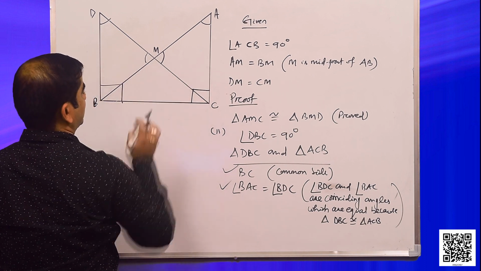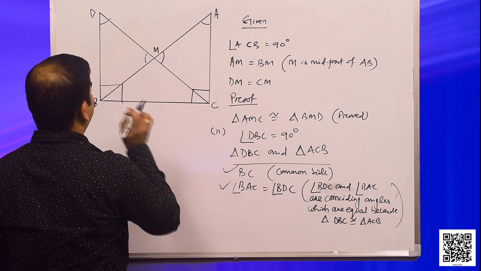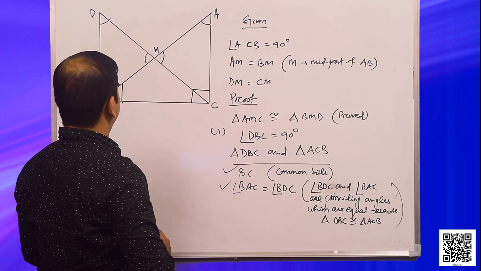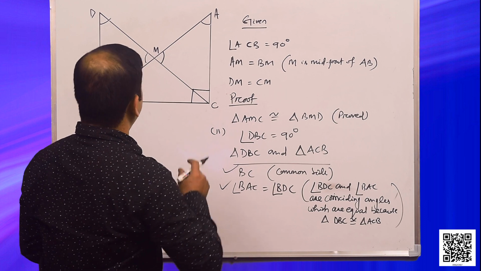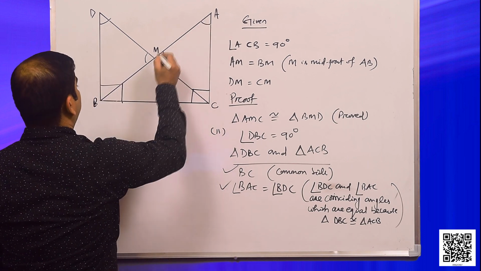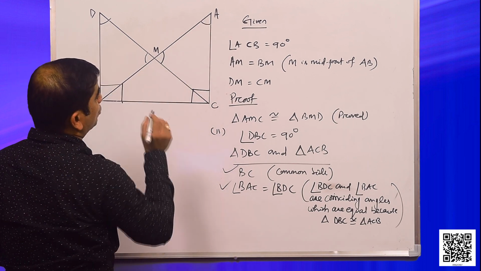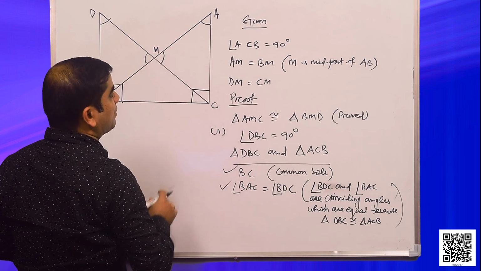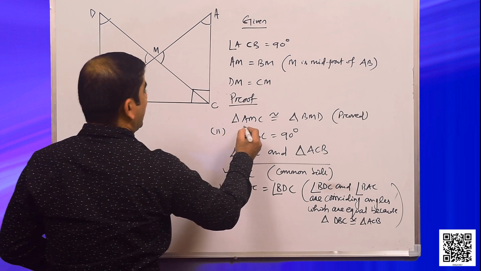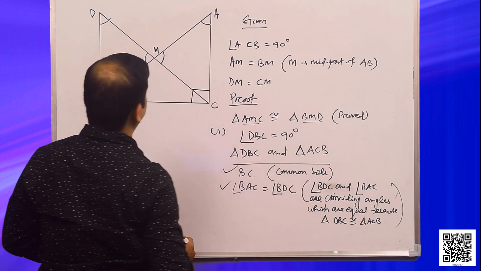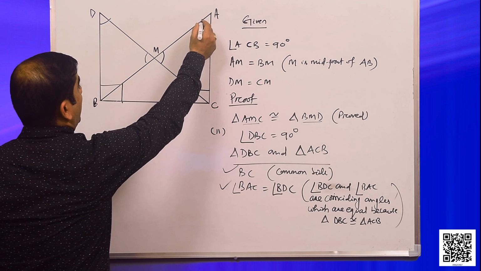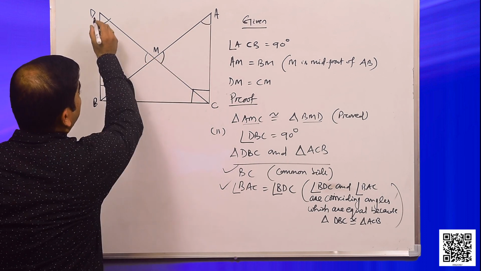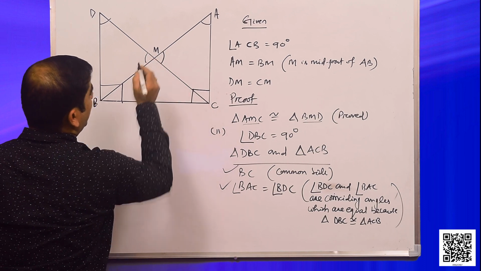These two triangles, triangle AMC and triangle BMD, are congruent, and we have already been given that AM is equal to BM and DM is equal to CM.